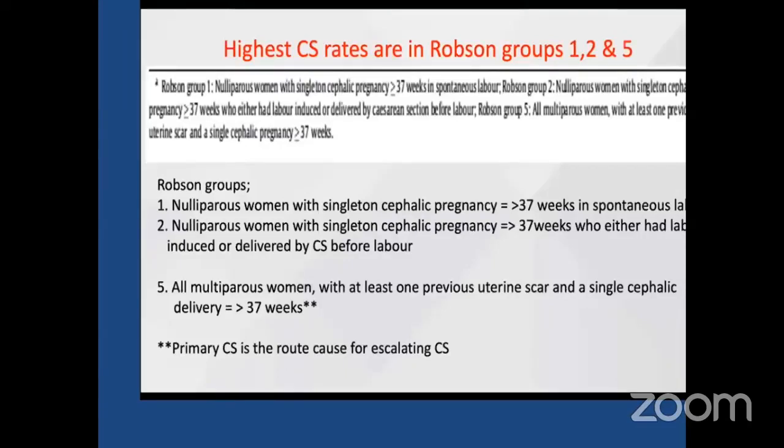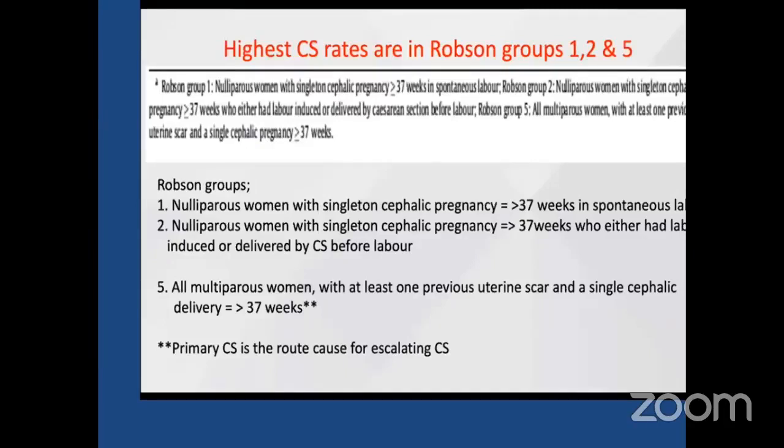The first group is nulliparous women with singleton cephalic pregnancy of more than 37 weeks and in spontaneous labor. The second group is nulliparous women with singleton cephalic pregnancy more than 37 weeks who are either induced or are delivered before they go into labor.